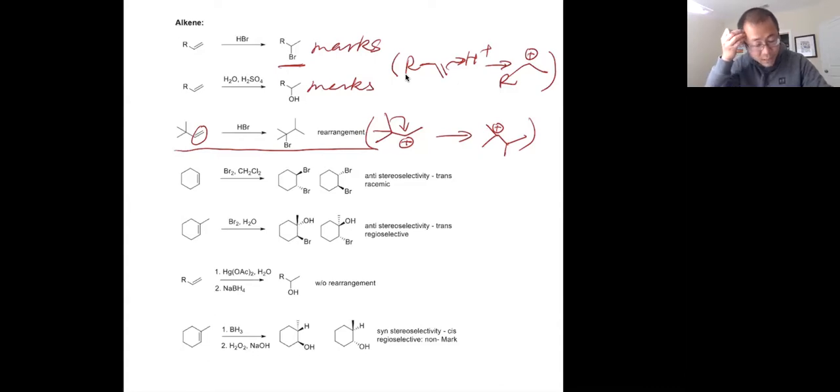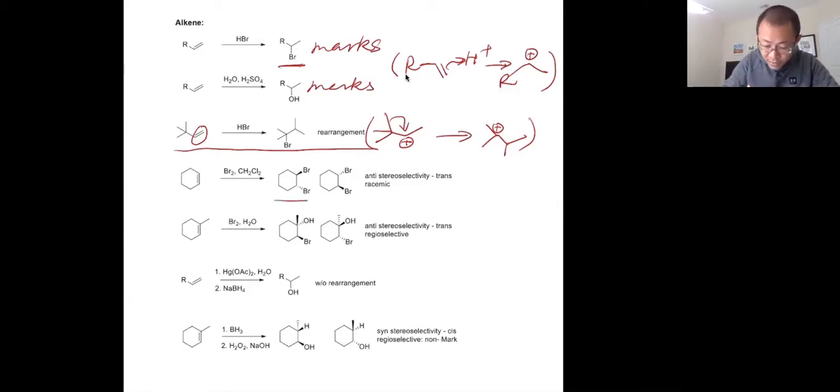Okay, the fourth reaction is adding Br2. And we know the reaction undergoes a bridged bromonium ion intermediate, and the other Br minus opens the bridged bromonium ion ring from the backside.